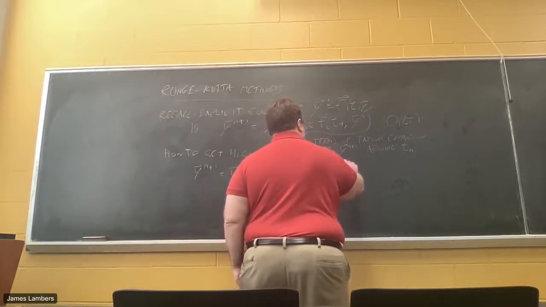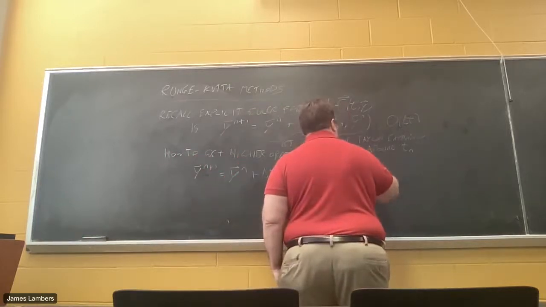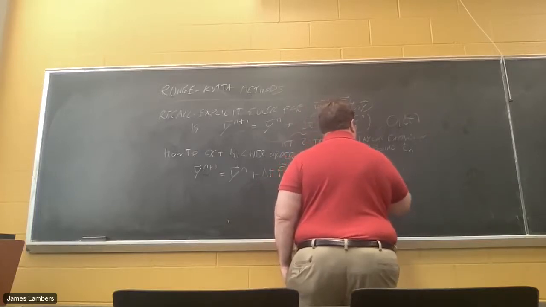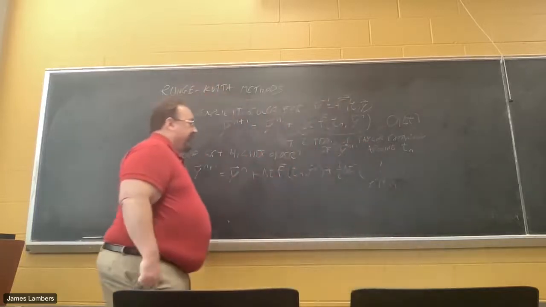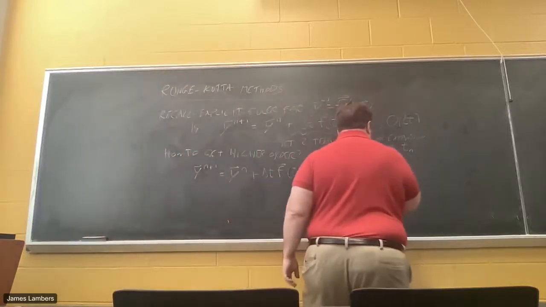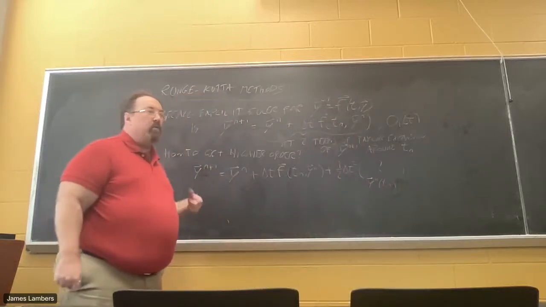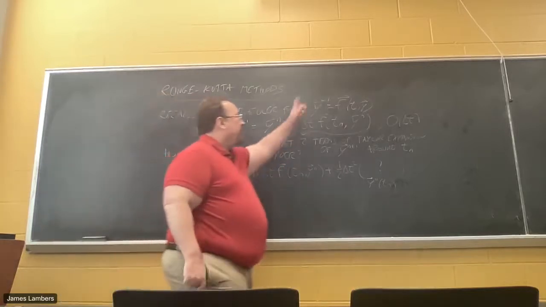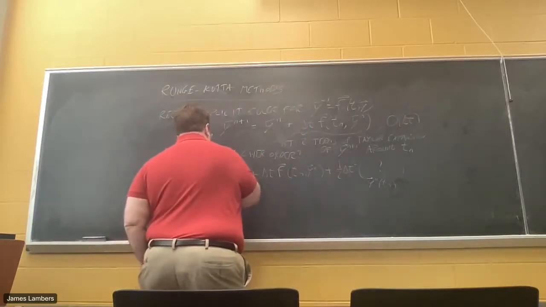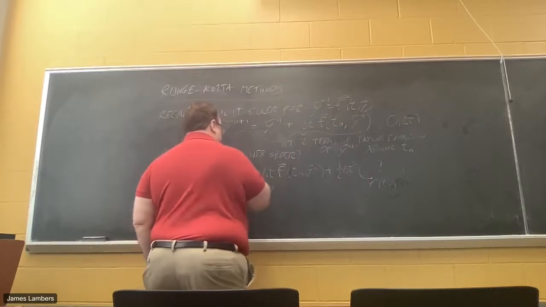And then I have 1/2 delta t squared times something that's based on the second derivative of y at time t_n. Now, I haven't actually filled this in yet because we can't just say y double prime; y is what we're trying to compute. But we can figure out what y double prime is using the fact that y prime is equal to f. If y prime is equal to f of t, y, then we'll just take the derivative of that.